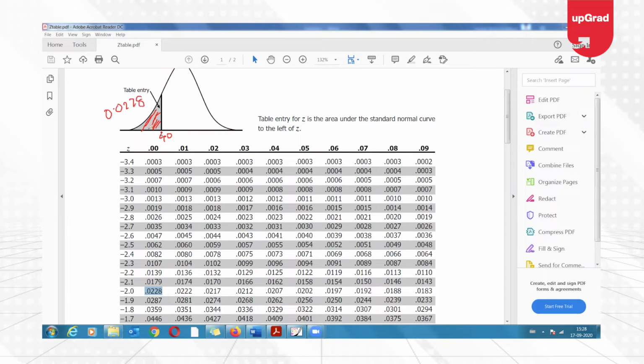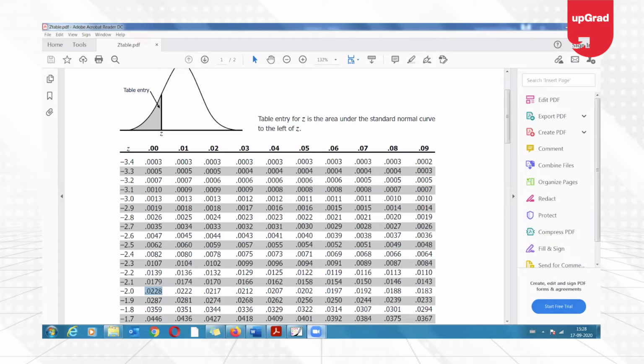0.0228. If I convert that in terms of probability, I just multiply this number with 100 and we will get 2.23%, right?